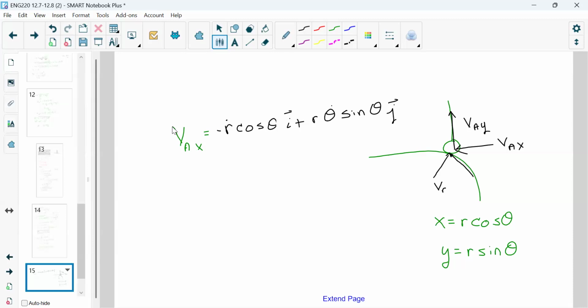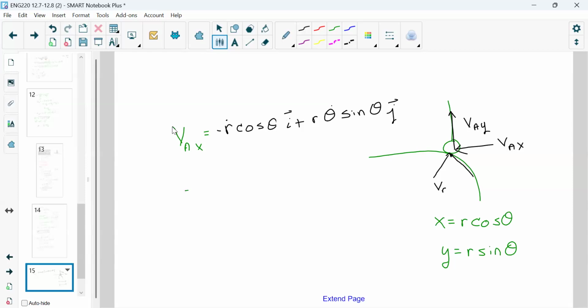That's the relationship between them, but it looks to me like we're dealing with V, then that's going to be r theta dot, right? This is the straight xy coordinate system.